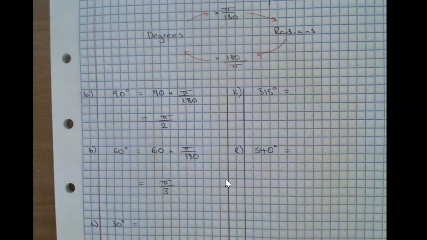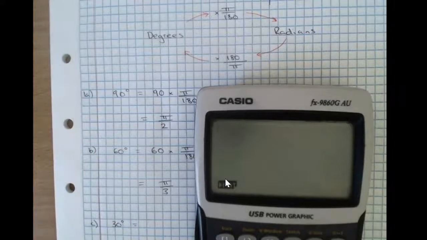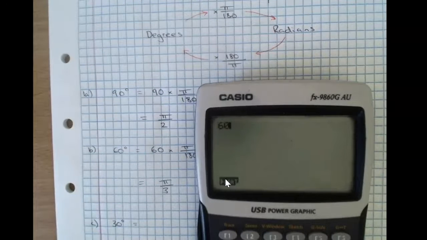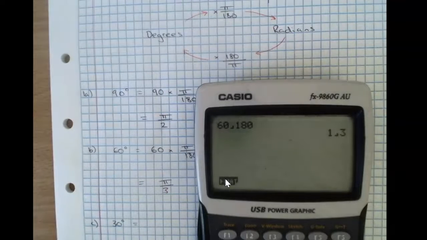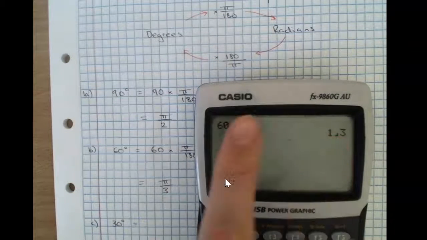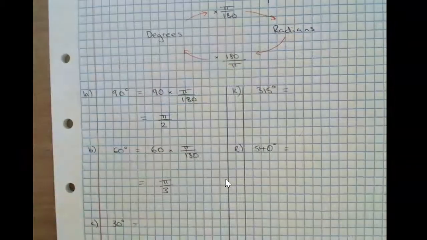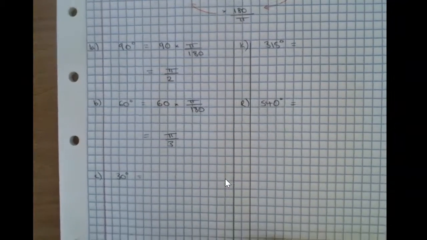You can always use your calculator to assist in trying to determine what the fraction might be. So for example, with this one, I could have gone 60 over 180, and you can see I've got 1 over 3. So sometimes if the fractions are a little more complicated, you can use your calculator to help you.